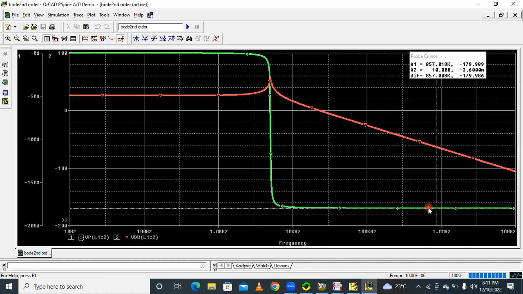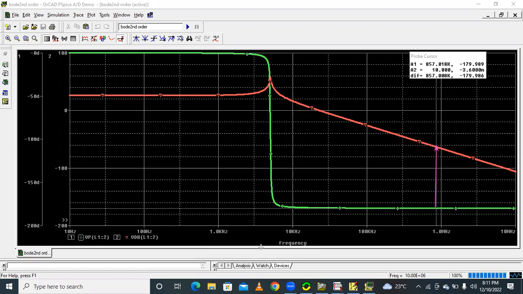So when we extend the line in this fashion, minus 179.9 means we have 180 degrees. When you extend the line, it touches the gain magnitude plot line.